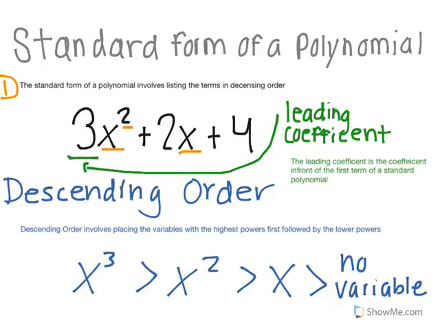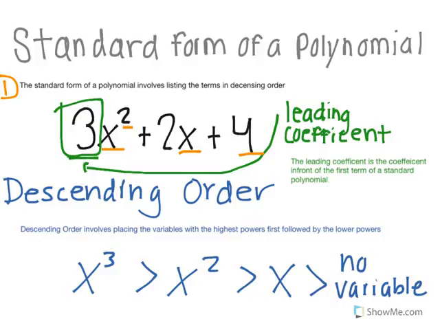Then it's just the x, and because this constant on the end has no variable, it's just gonna go at the end. Okay, and once you do put it in standard form, the number I have here underlined in green is called your leading coefficient because it's the coefficient that leads the entire equation.